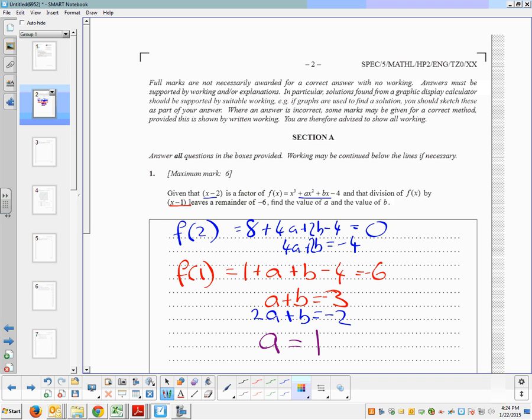And then once you've got that, we know that 1 plus b is equal to minus 3, which means b is equal to minus 4. Done.